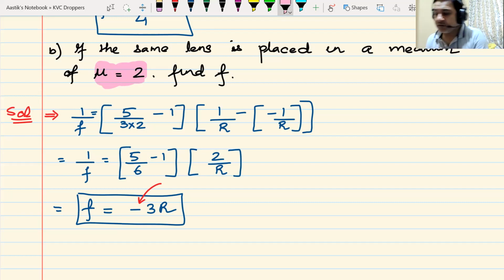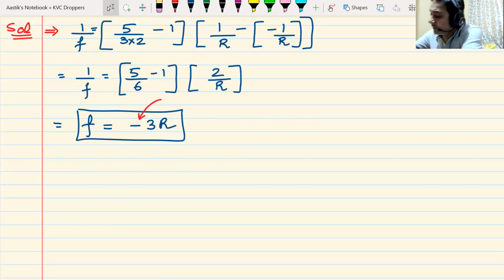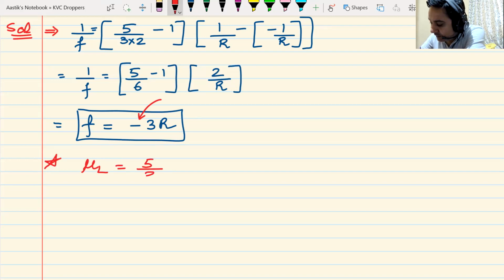Now, what significance does this 2 have? Please note it down. If you look at the refractive index of the lens, refractive index of the lens was 5 by 3.